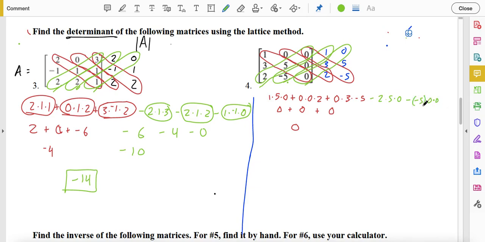Let's put that in parentheses so it's not confused. Minus one more, 0 times 3 times 0. Again, they're all 0. So 0 minus 0 plus 0, anything with zeros is 0. So the determinant of that matrix is 0.